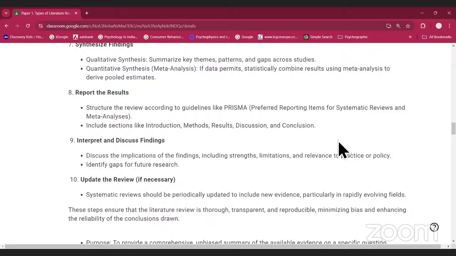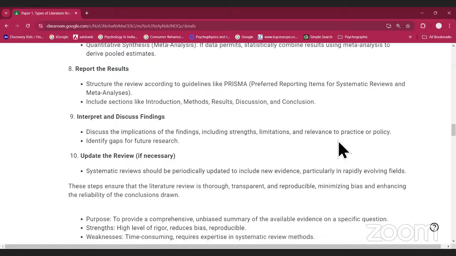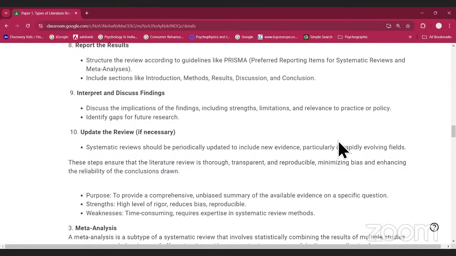Purpose: to provide a comprehensive, unbiased summary of the available evidence on a specific question. Strength: high level of rigor, reduces bias, reproducible. Weakness: time-consuming, requires expertise in systematic review methods.